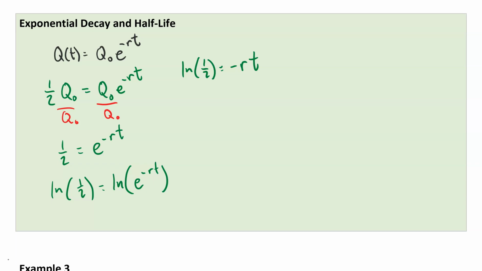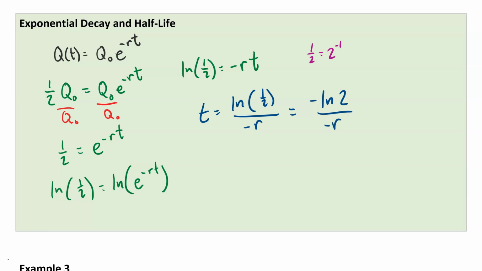So t, the half-life, is equal to the natural log of 1/2 divided by negative R. But we can simplify this a little bit further because using the fact that 1/2 equals 2 to the negative 1 power, and also using the power rule for exponents, I can rewrite the numerator as negative natural log of 2 divided by negative R. What we end up with as a half-life formula turns out to be exactly the same as our formula for doubling time.